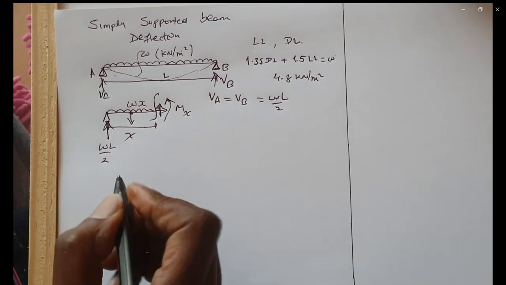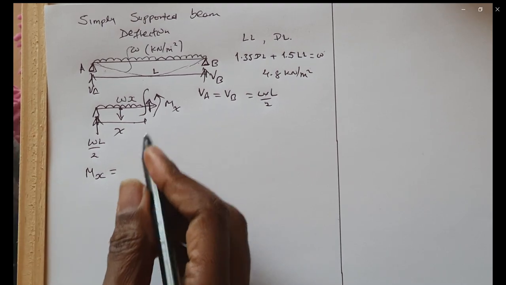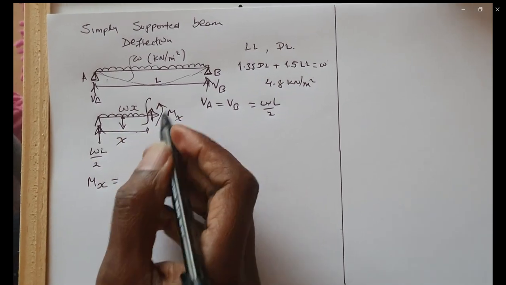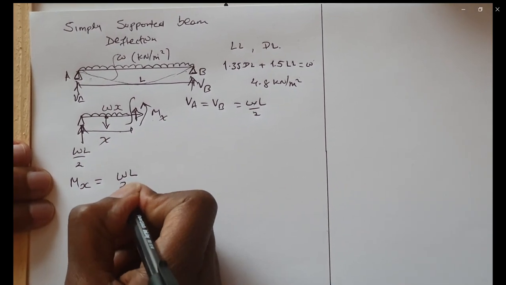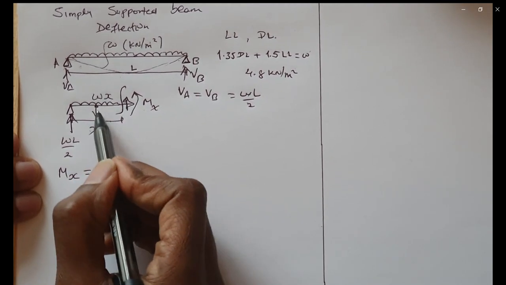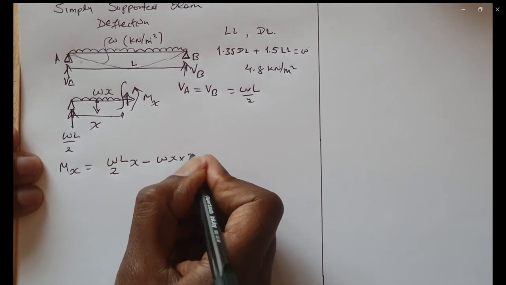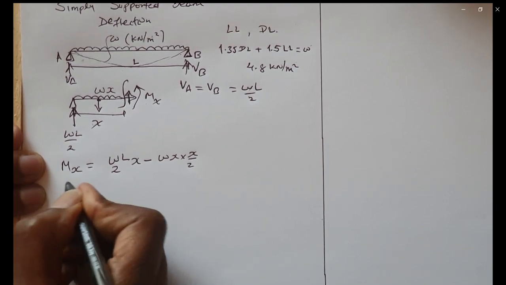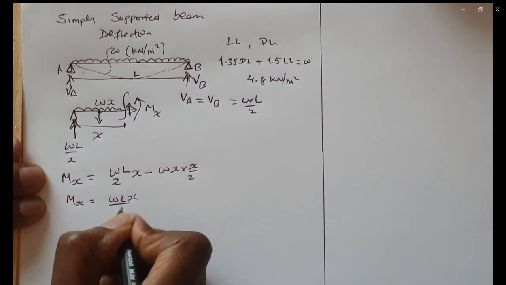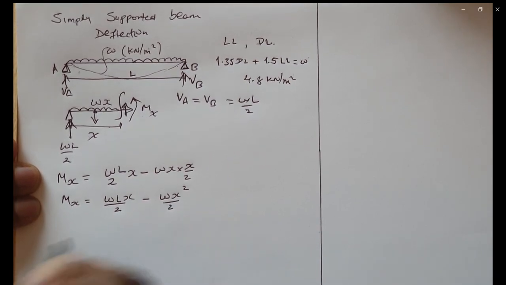So if we call this MX, MX is equal to, taking a sign convention, that will be plus WL over 2 times X minus the UDL that we get, WX times X over 2. So our MX will be WLX over 2 minus WX squared over 2.